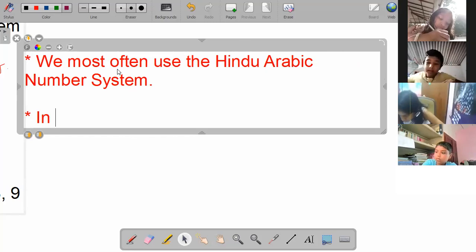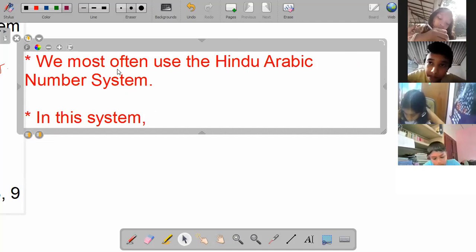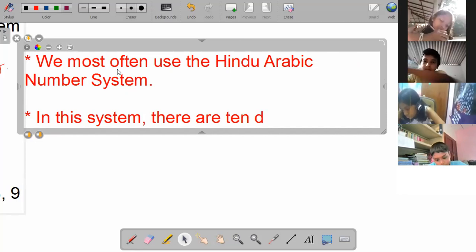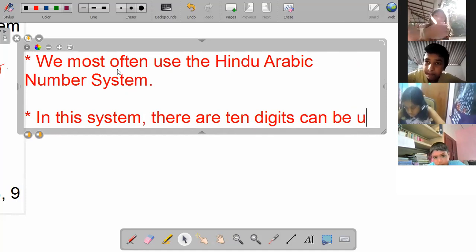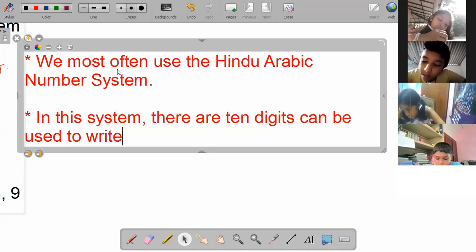In this system, there are 10 digits that can be used to write a number.